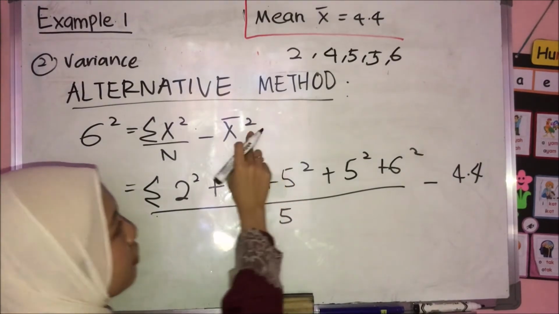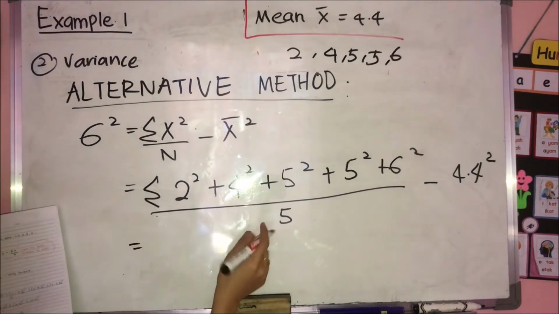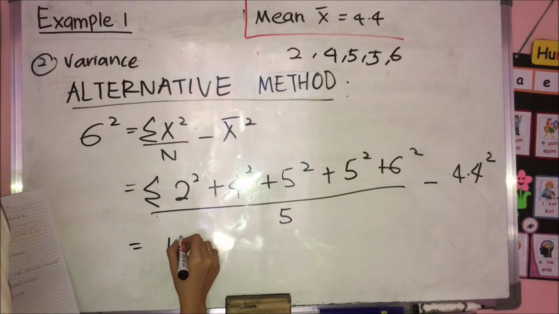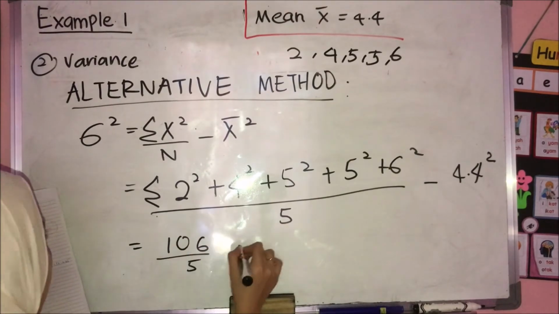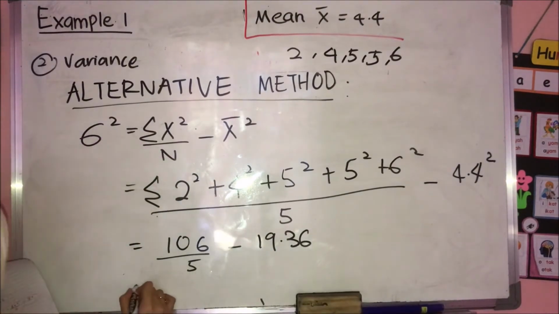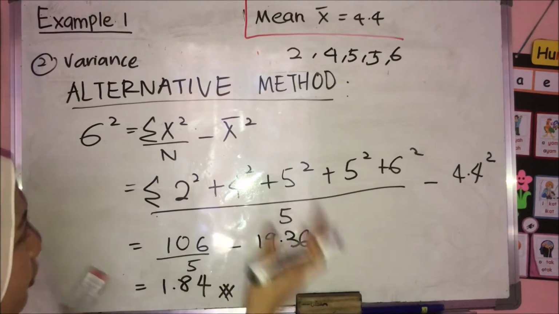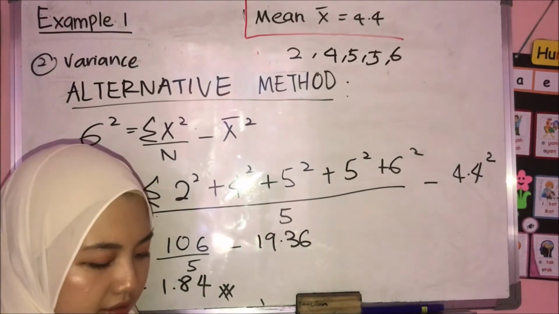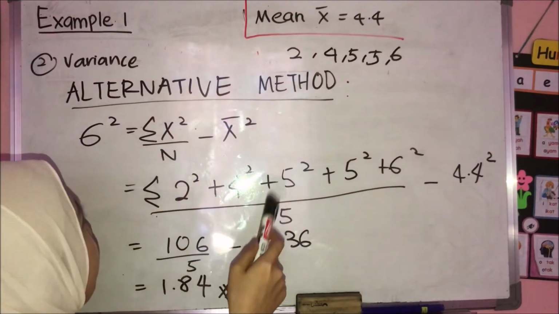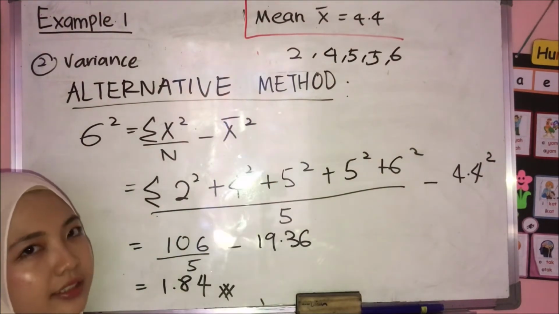Students always forget to write this square. You can use your calculator. So we got the last answer, 1.84, the same as the first method just now. This one is the alternative method. You can use either the formula we used just now, or this alternative method.